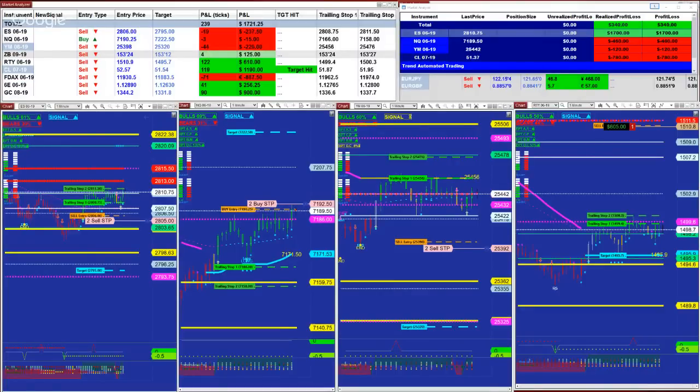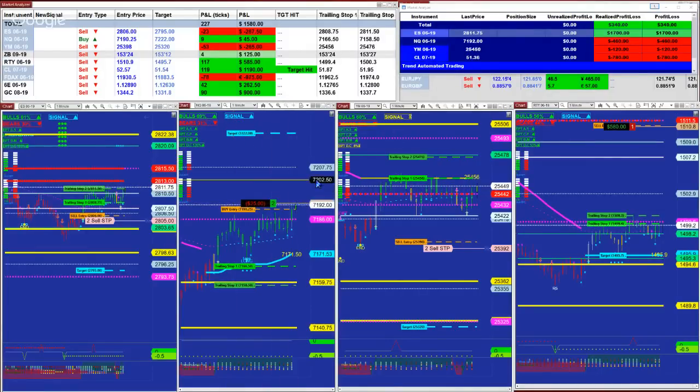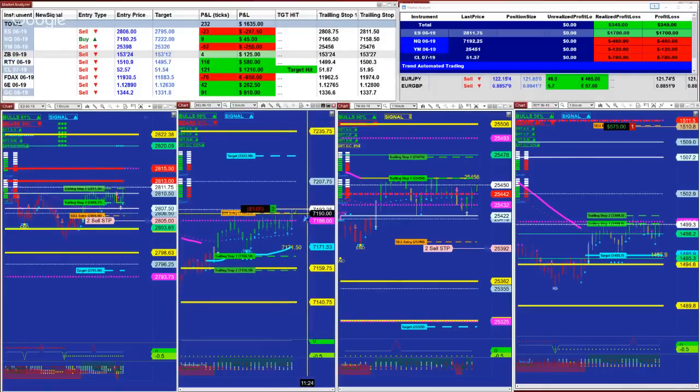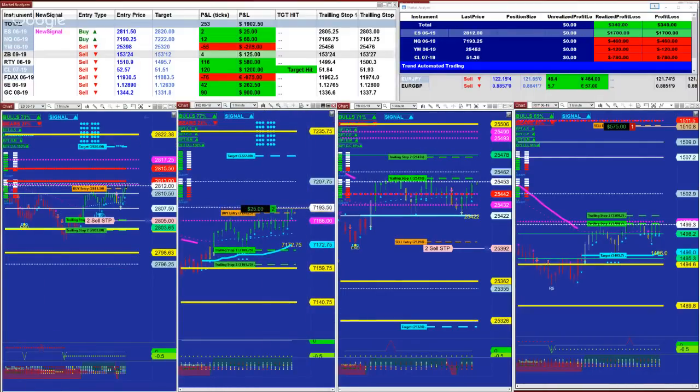But I'm totally out, and I'm gonna give you the entry on the ES. This is the entry on the Nasdaq you just got filled in. You have the entry on the ES.